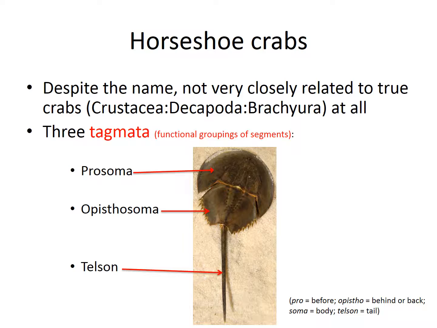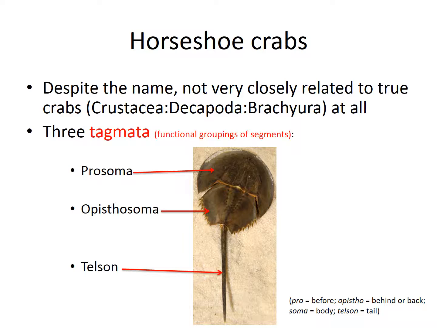Horseshoe crabs are, as pictured here, characterized by 3 tagmata, again, tagmata being functional groupings of segments.